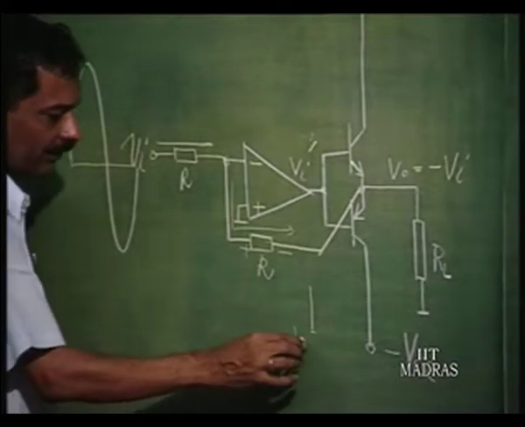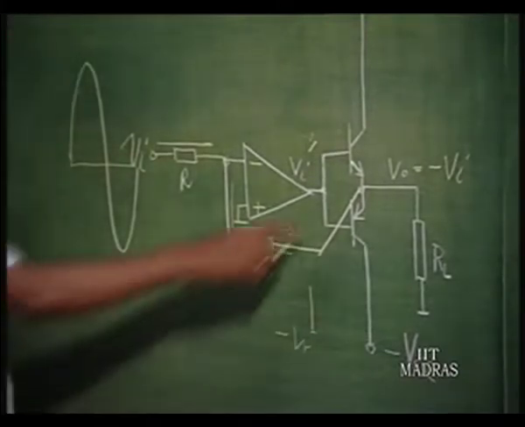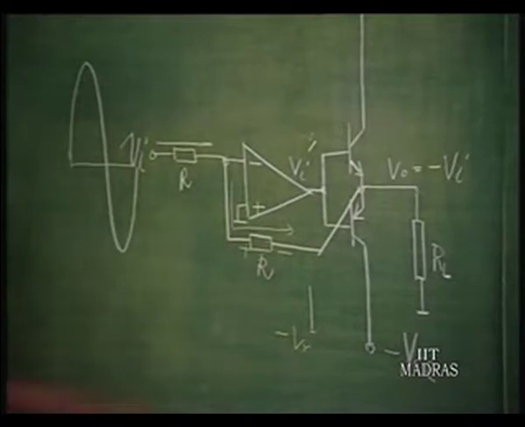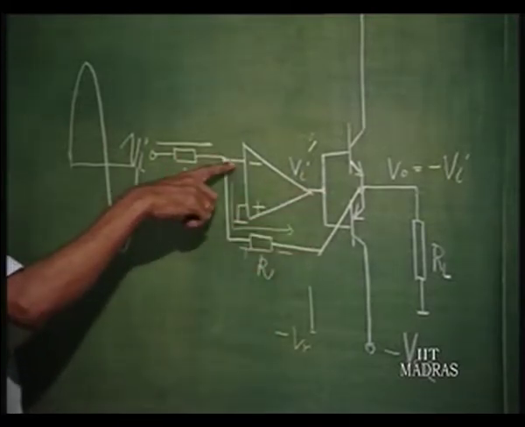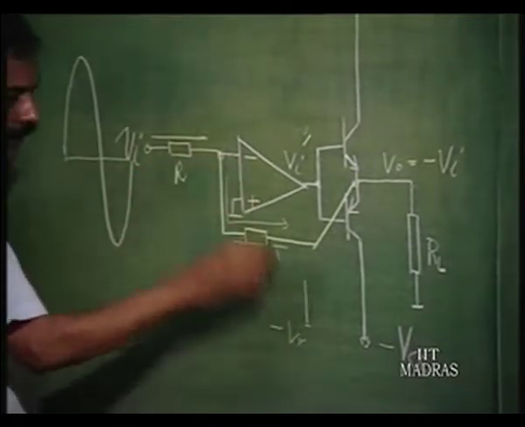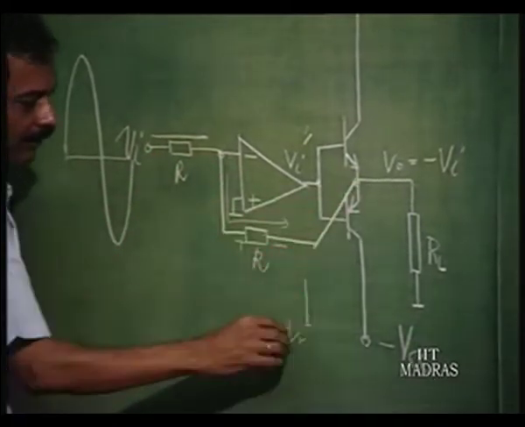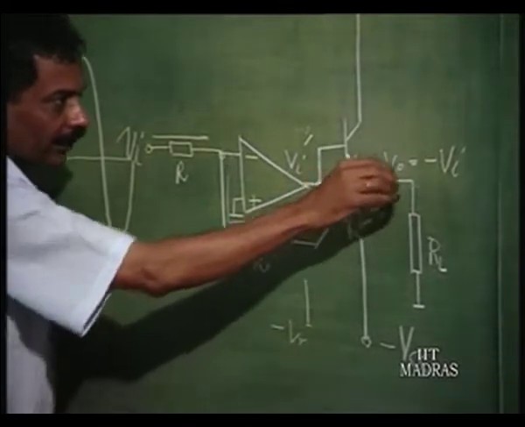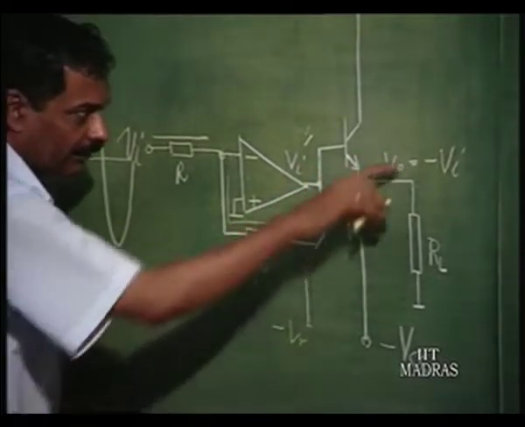While trying to go to negative saturation, this will jump, but the moment minus V gamma is reached, this transistor will start conducting, and once it conducts, it gives negative feedback, this is maintained at virtual ground, and therefore, this output will be automatically followed at the output of the stage with the phase difference.